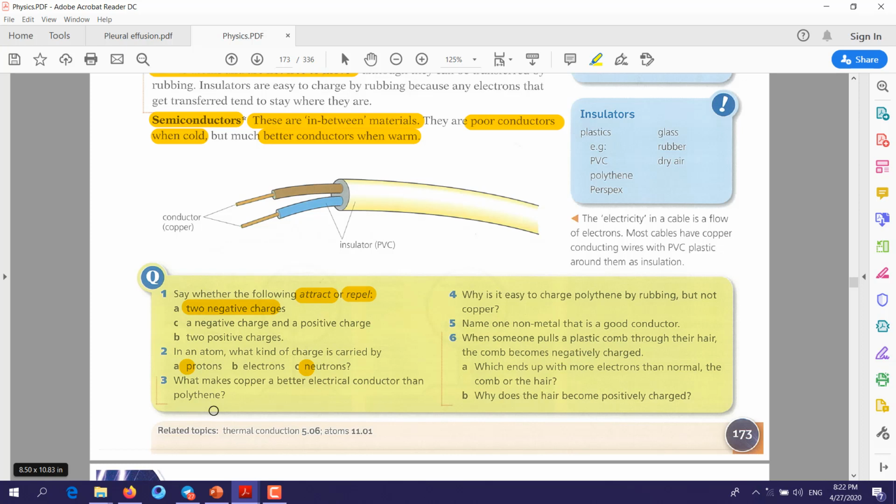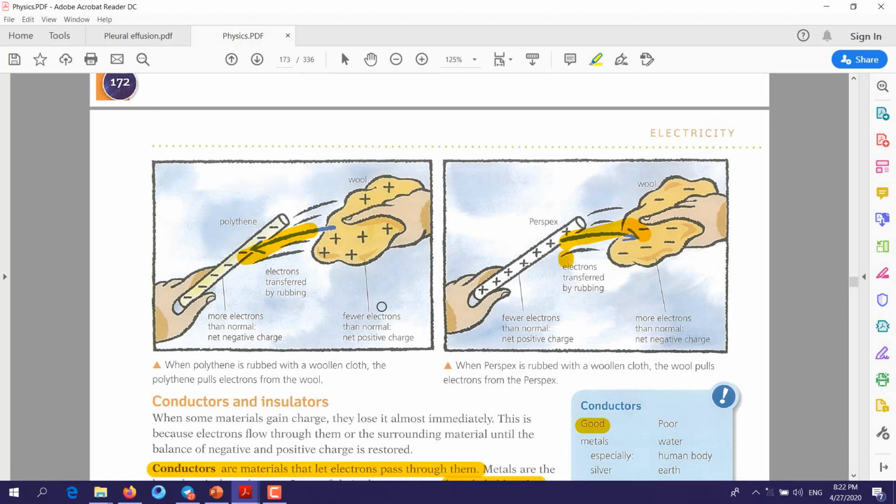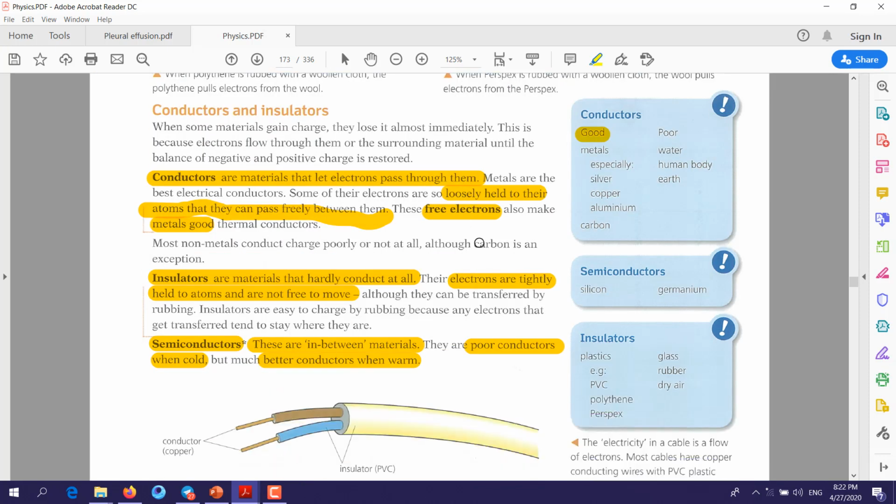Question number 4. Why is it easy to charge polythene by rubbing but not copper? Here polythene is an example of an insulator, as you can see here. Because it's an insulator, what will happen?